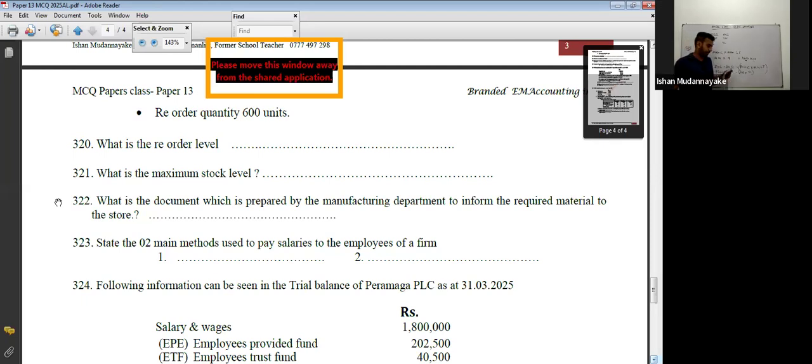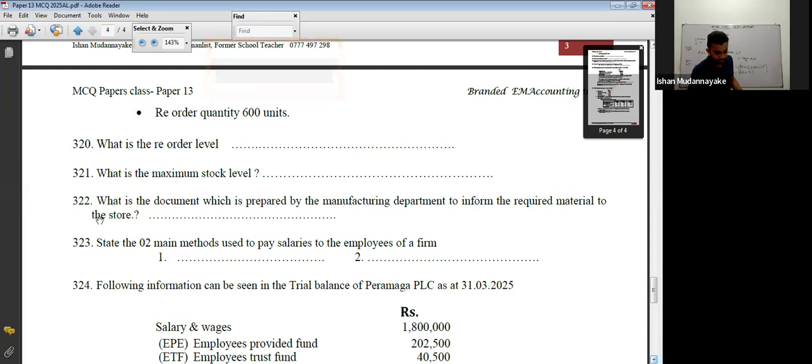Material requisition note: the manufacturing department requests material from stores. Stock purchase control, storing and issuing.